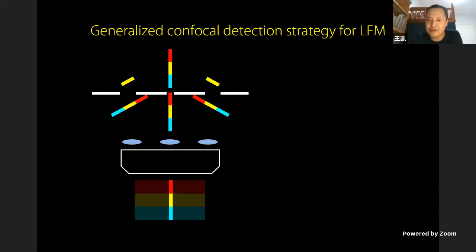So, as shown in this picture, we have different apertures for different microlenses, and we allow the passage of light from the in-focus information. Sorry, I didn't fully understand the question.